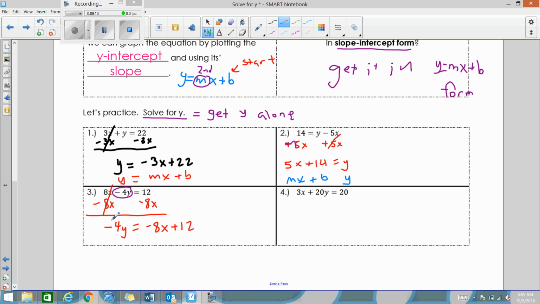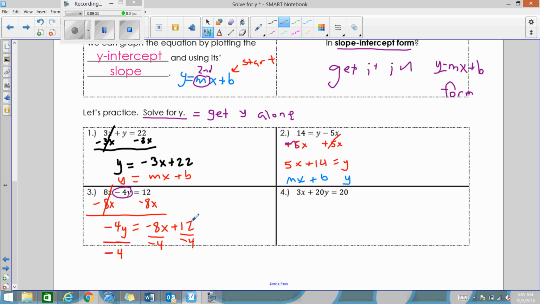Now, take a look over here. Unlike the last two problems, our y is not alone. We have this negative 4 that is attached to the y. So we need to get this negative 4 to go away, so we're going to divide by negative 4. I'm going to divide everything, each part, by negative 4.